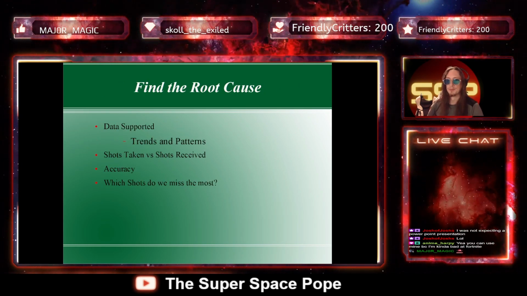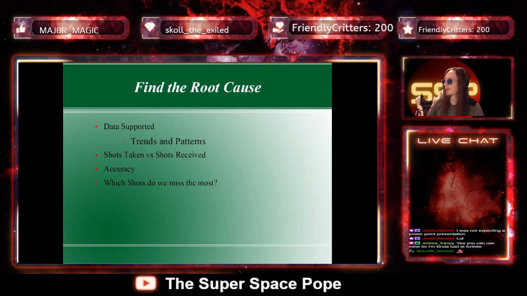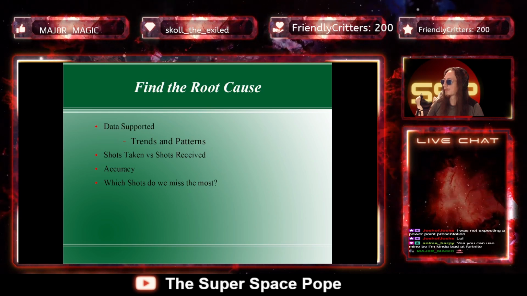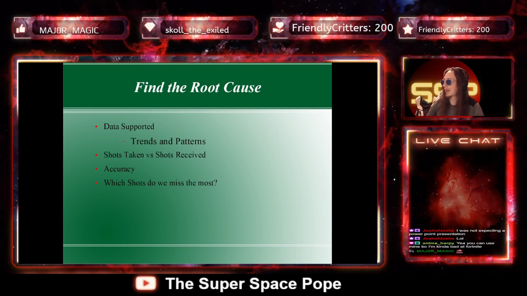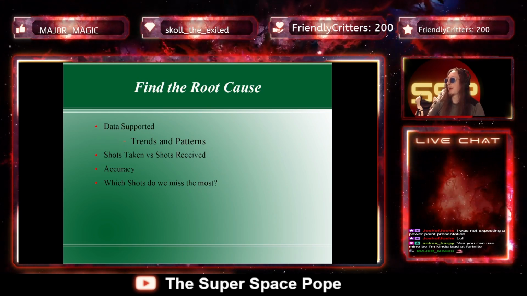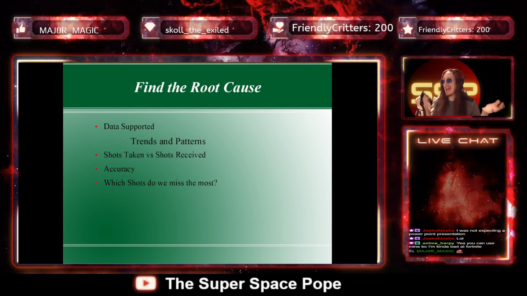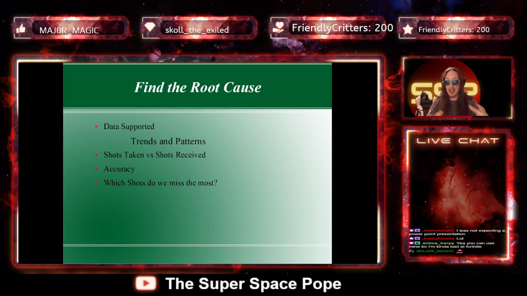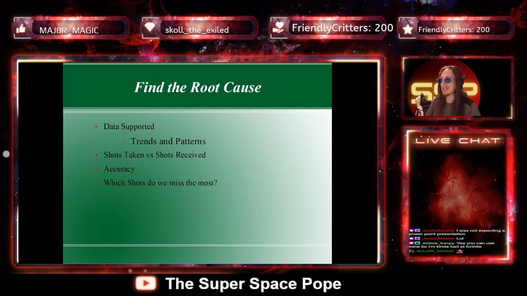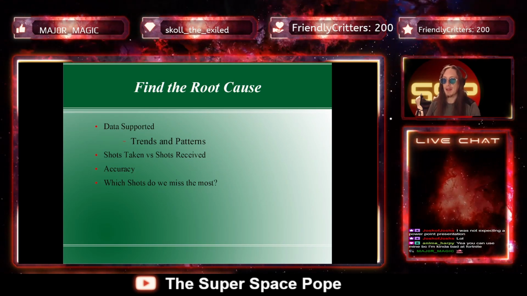Moving on from that, we're going to actually get into finding the root cause, okay? So we can call that a root cause analysis, or a lot of different things. I mean, heck, I technically have a certification in just root cause analysis by itself for business, right?